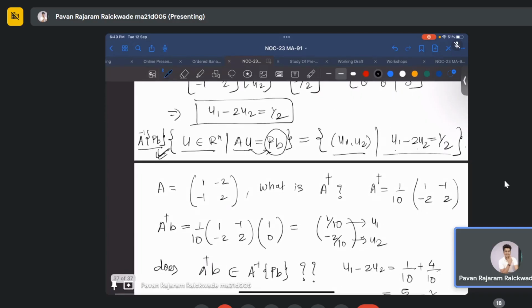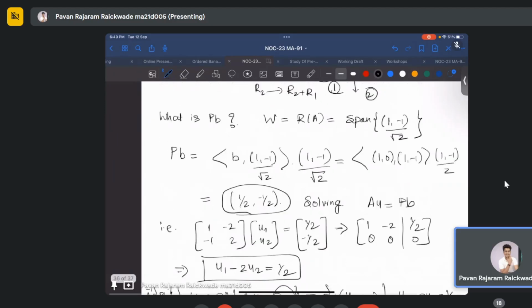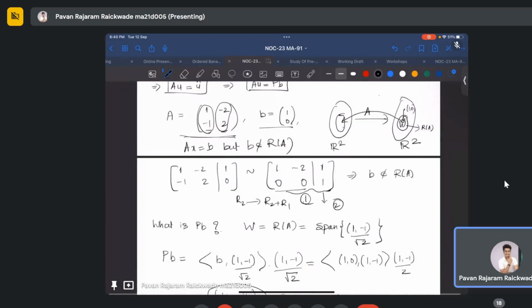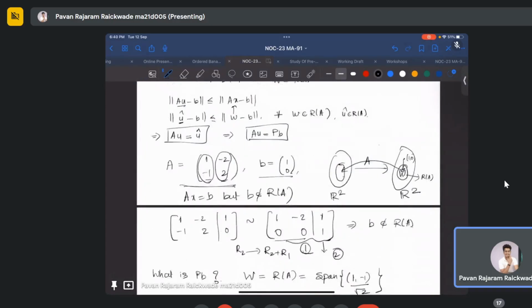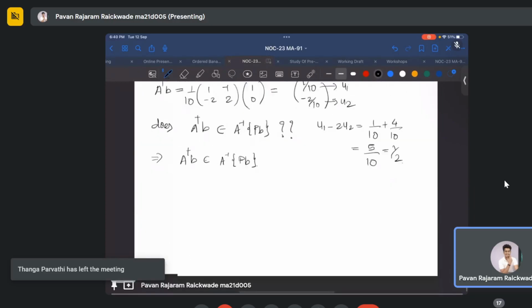See? U1 minus 2U2 equals 1 by 2. That means A dagger B belongs to A inverse PB. Right? That means A dagger B is the least square solution of the system AX equals B, right?